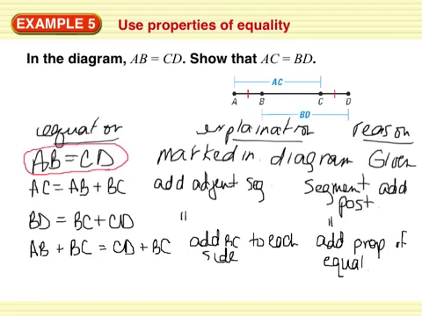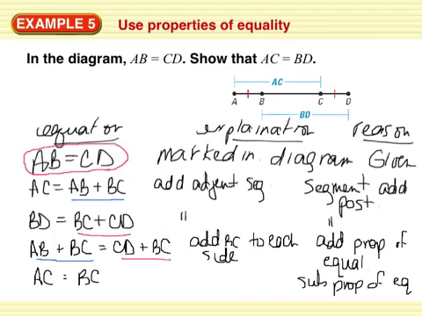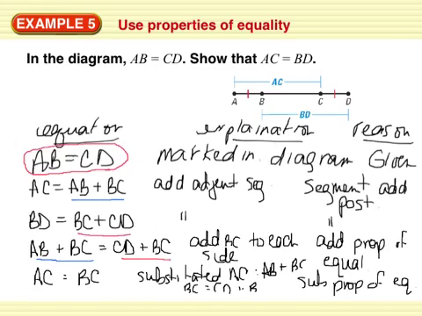But now we see that AB plus BC is equal to CD plus BC. I can now substitute AC equals BD. It's the substitution property of equality. I substituted AC equals AB plus BC and BD equals CD plus BC.